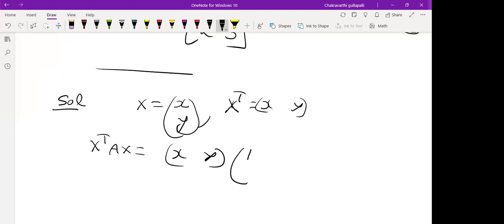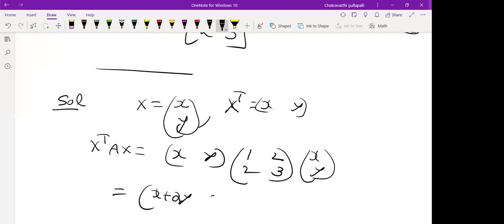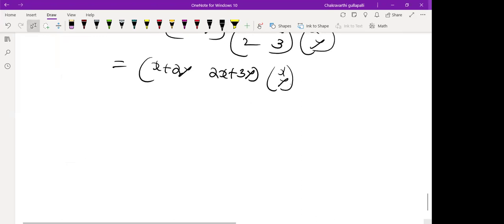Here it is 1, 2, 2, 3 into (x, y). So we get this as x plus 2y, 2x plus 3y. So multiply.